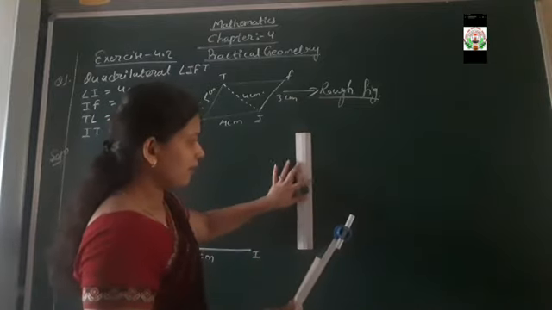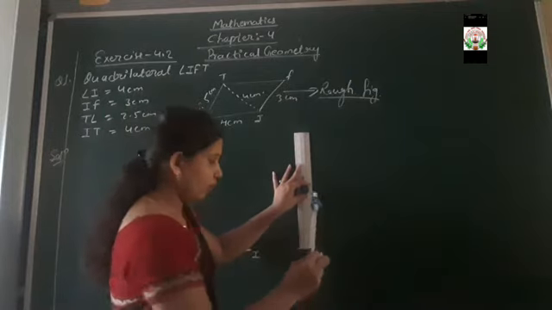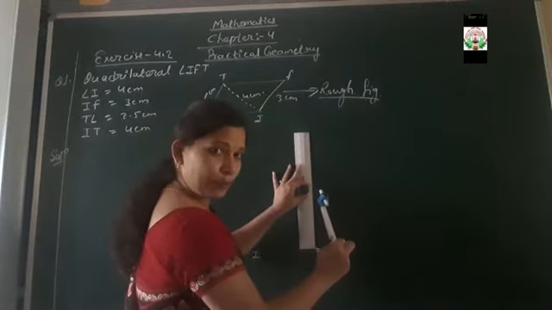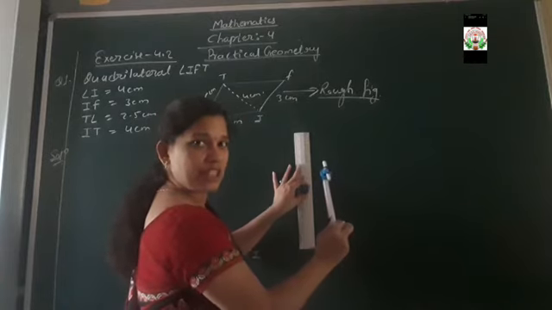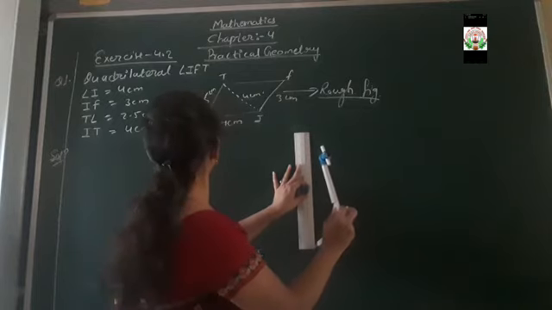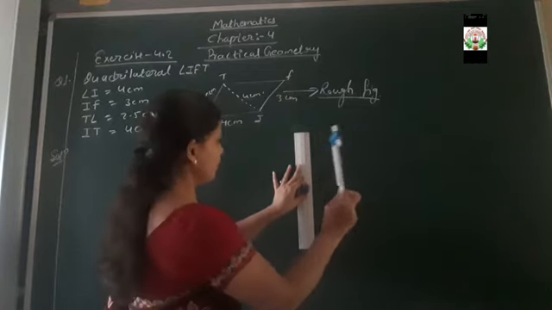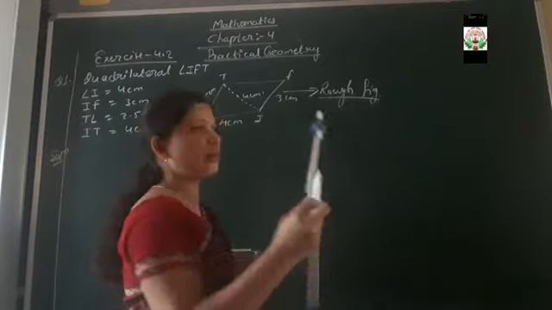Keeping the straight scale on the copy, keep the needle of the compass at the zero of the scale, then stretch the pencil part up to the measurement, which is 2.5. So here we have taken the measurement 2.5.